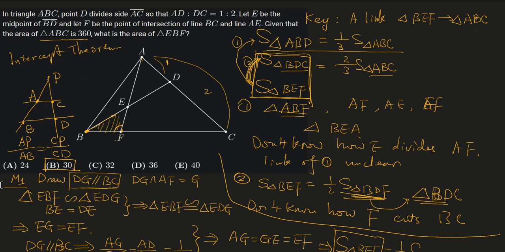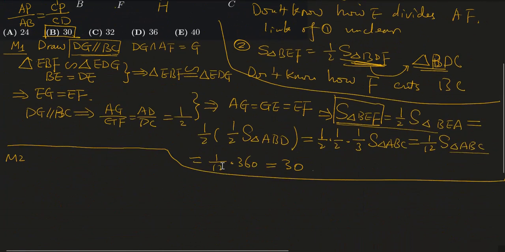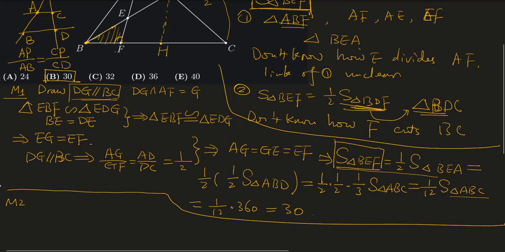Now what we want to do is draw a parallel line DH, which is parallel to AF, and then intersects BC at the point H. Alright, let's write it out. So we want to draw DH parallel to AF, and DH intersects BC at point H.